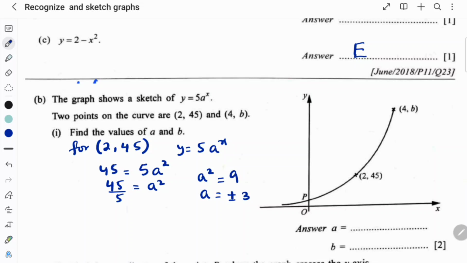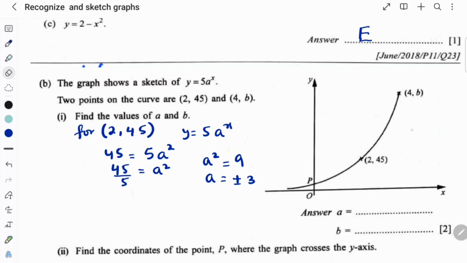Alright, so here whenever we look in the question, it is a is equals to plus minus 3, but we'll write down plus 3 because it is not the negative exponential. For the negative one, you know the diagram. This one is for the positive one. If it is negative 3, then you must have the sketch like this.